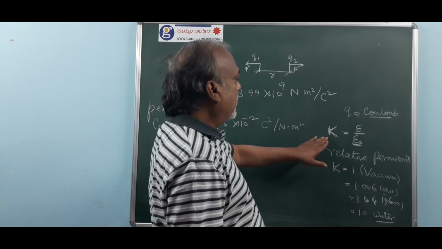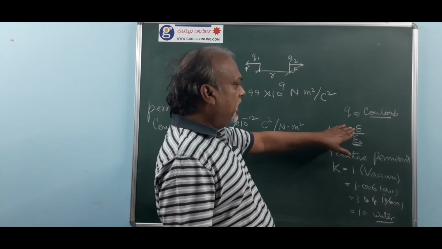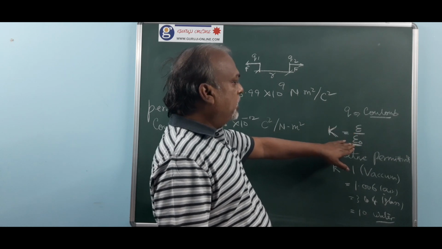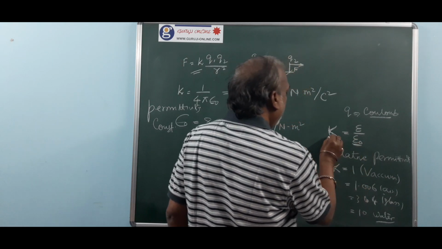Let us see this capital K. Capital K is nothing but this permittivity in the medium divided by epsilon 0. And it is called relative permittivity also, or it is dielectric constant also.